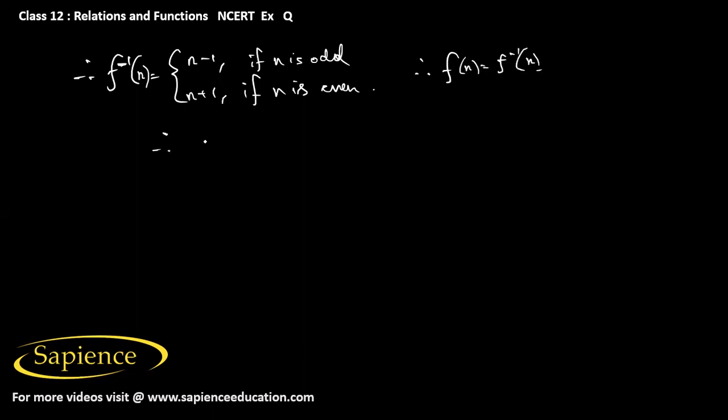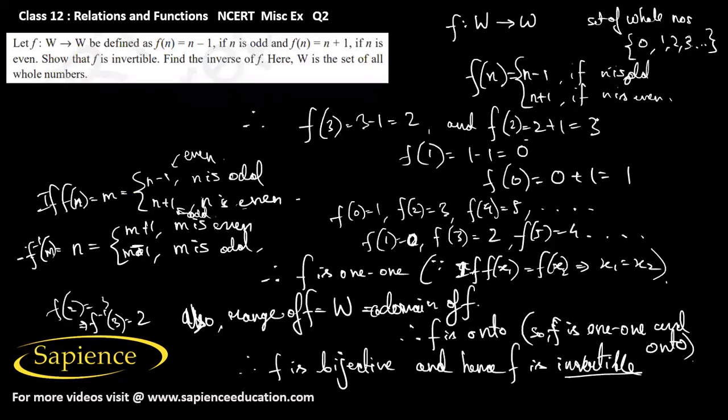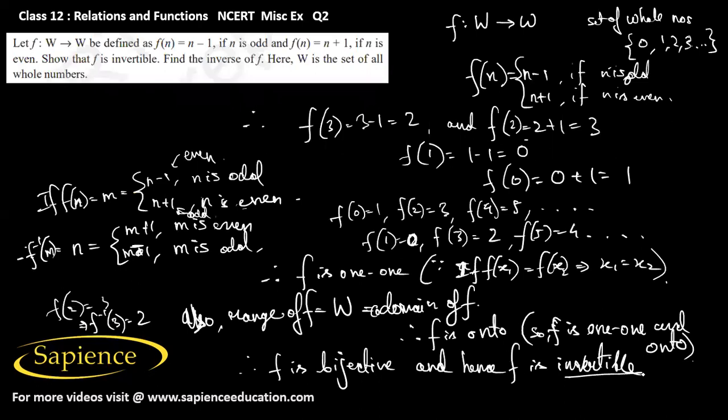So the given function f is the inverse of itself. So this is the required answer. And we have also shown that f is invertible since it is bijective, since it is one-one and onto. So hence proved here.